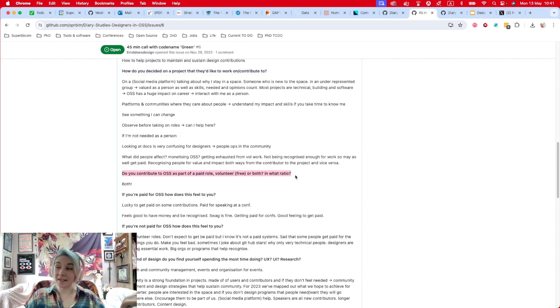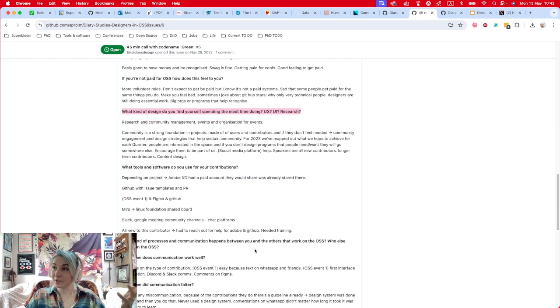Do you contribute as a paid or a volunteer or both, and in what ratio? If you're paid for open source software, how does this feel? If you're not paid, how does this feel? What kind of design do you find yourself doing the most or spending the most time on? Is it UX, UI, research, other?